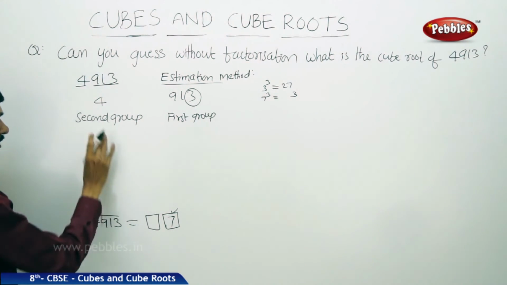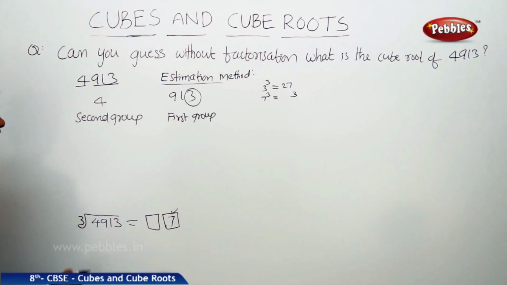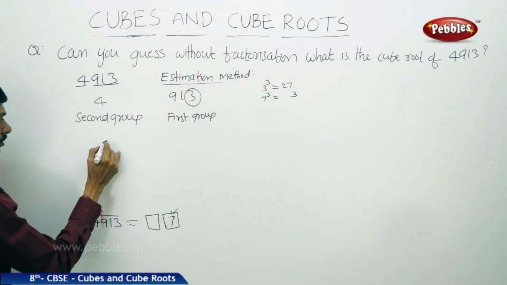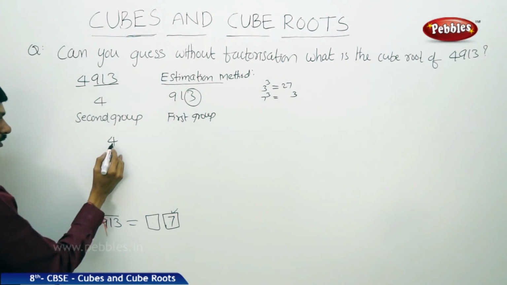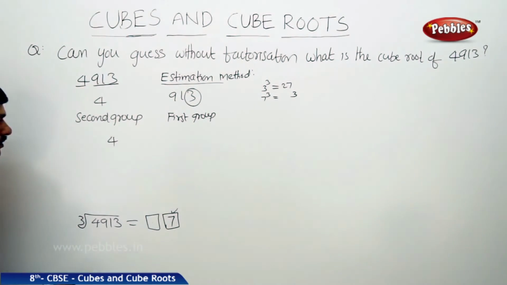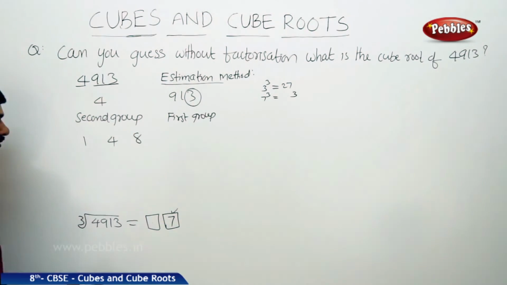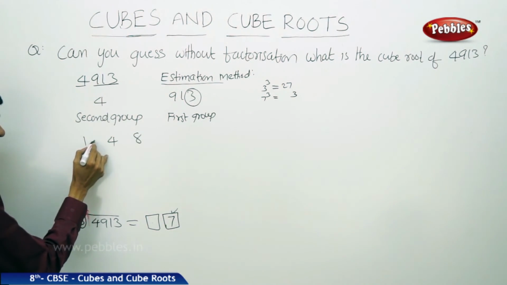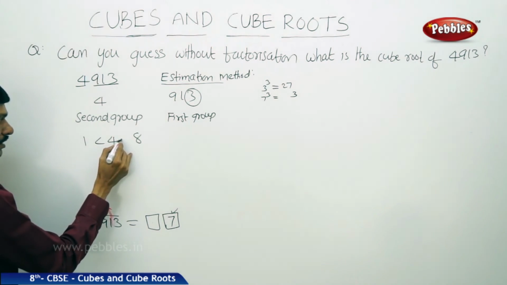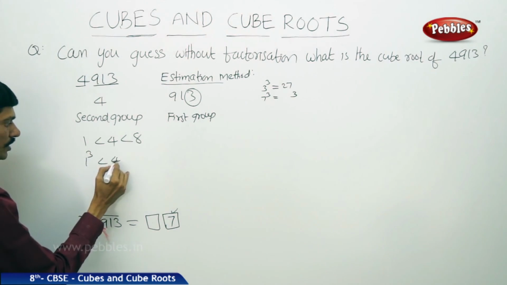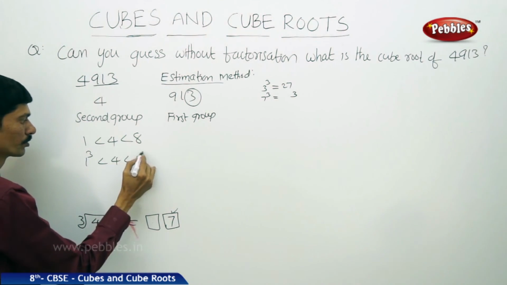Next we find the tens place of the required cube root. For that we consider the second group, which is 4. 4 lies between which two perfect cubes? 4 lies between 1 and 8, which are perfect cubes. So 1 is less than 4, less than 8. 1 can be written as 1 cube, and 8 can be written as 2 cube.